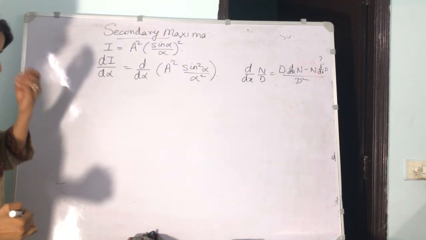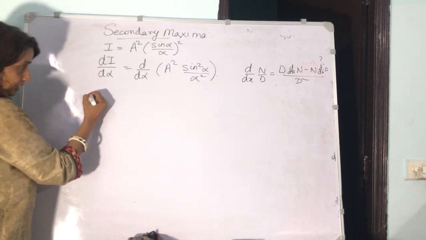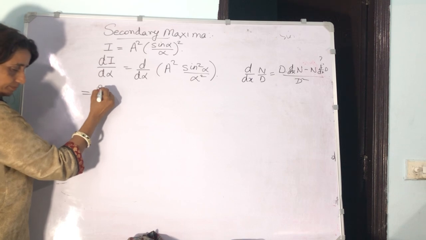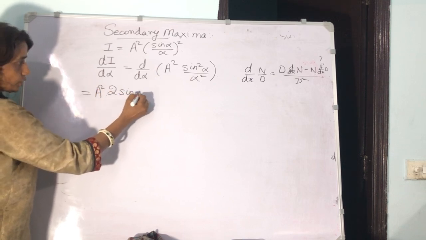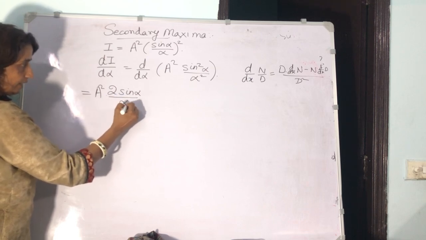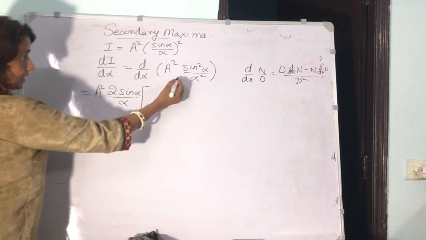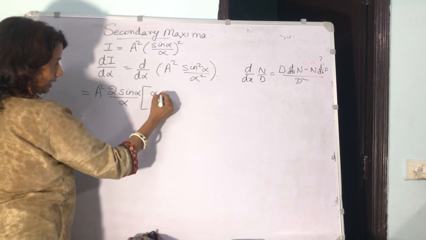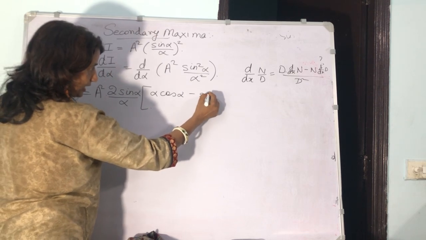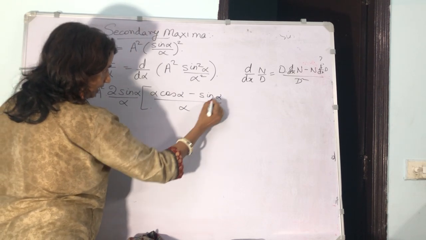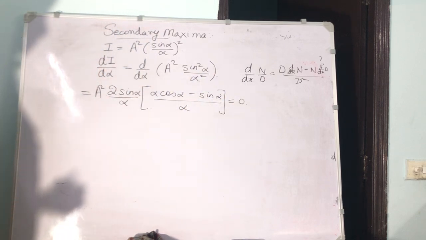So we will use this formula here and we get A square into 2 sine alpha upon alpha into cos alpha minus sine alpha upon alpha is equal to 0. We took 2 sine alpha upon alpha common.